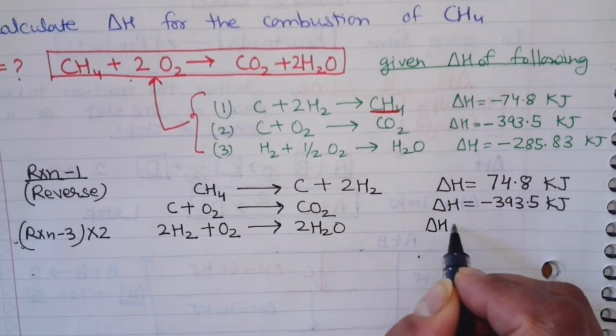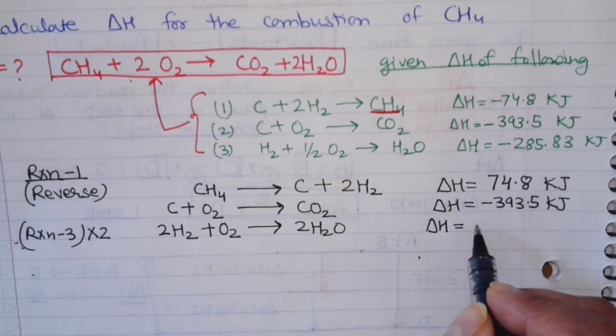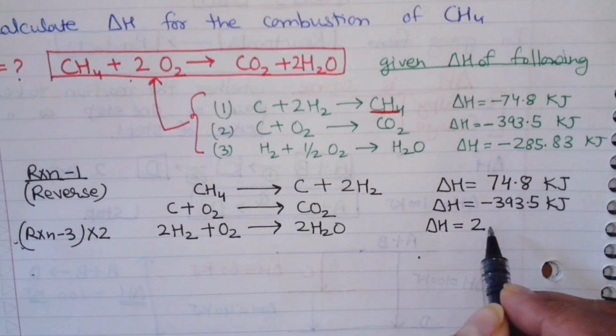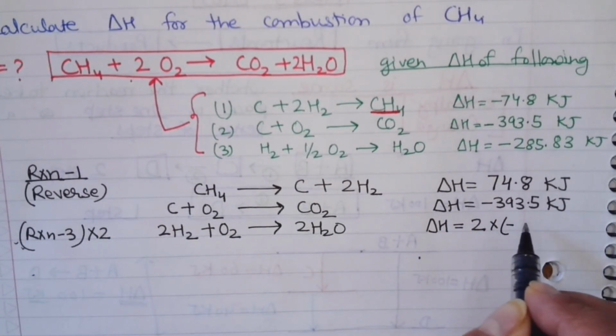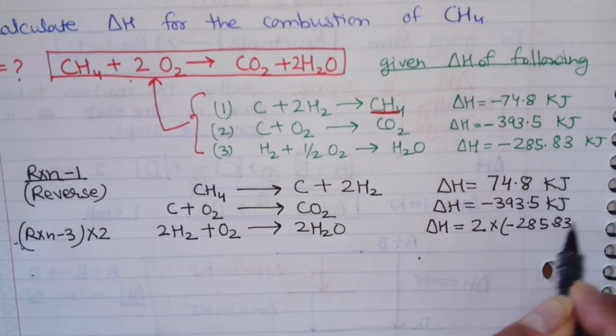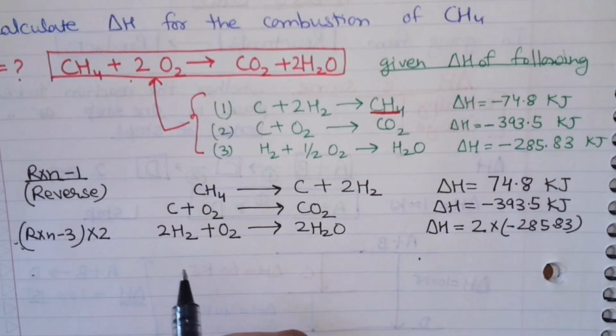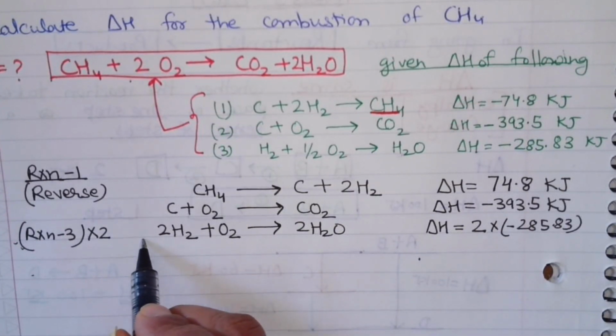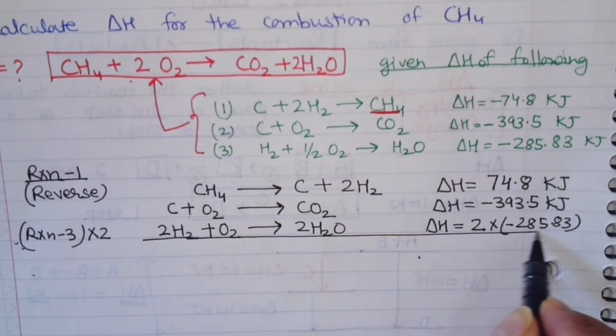Now do the same to the delta H value. So you have to multiply delta H by 2. So 2 times negative 285.83.